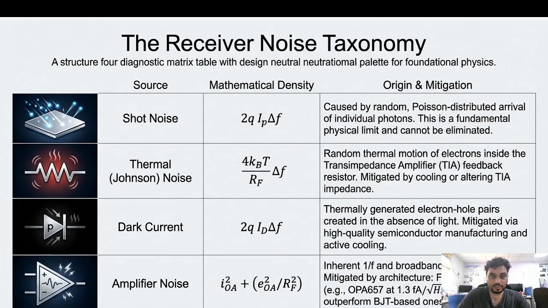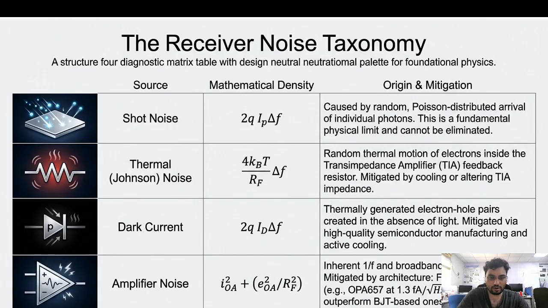Moving towards the next thing, which is the receiver noise taxonomy. We need to discuss the problems associated with amplitude modulation.